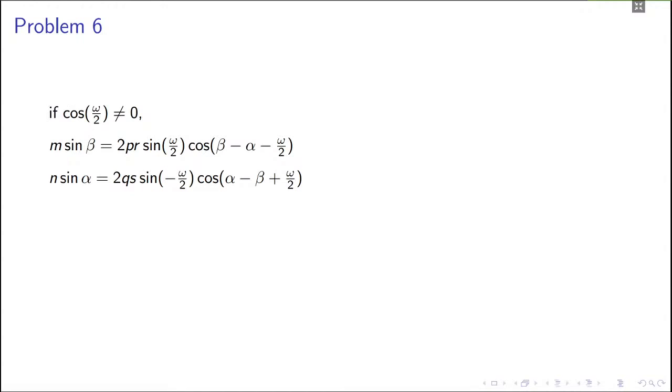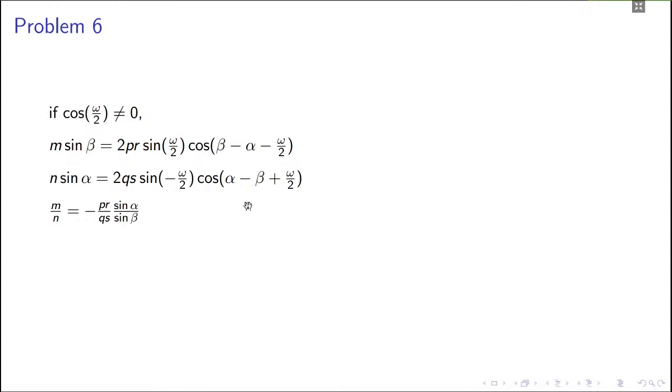So if cos omega by 2 is not equal to 0, then we have these two relations that we derived. And what does it imply? I basically divide them. The sine omega by 2 and minus omega by 2 will go away. And if this is theta, then this is minus theta, so the cosines of those will also be gone. So they are equal.